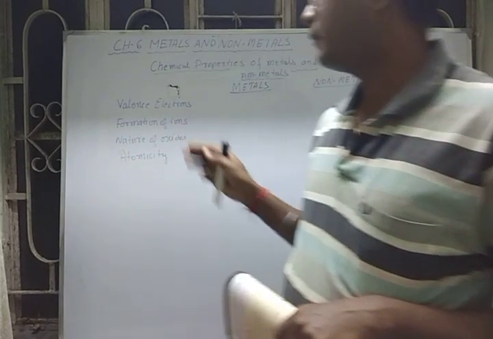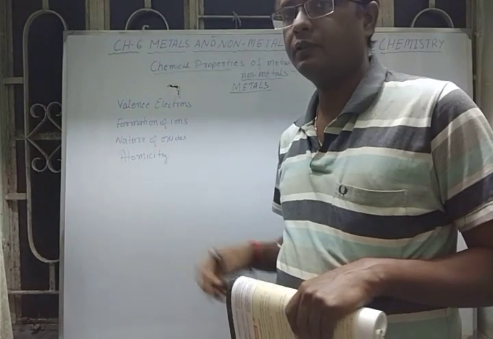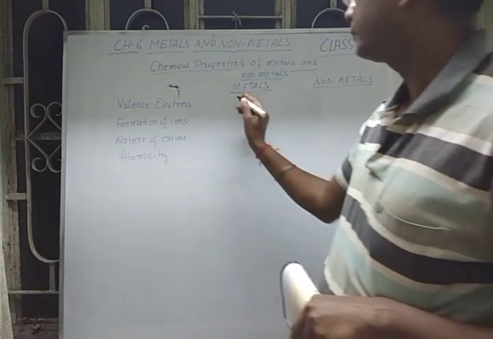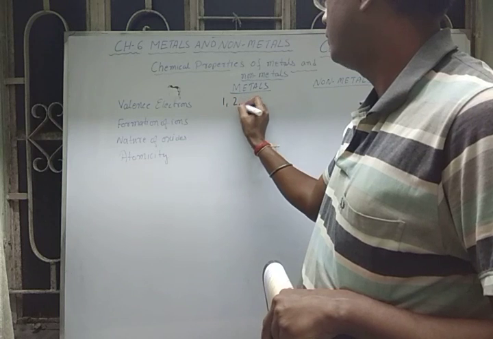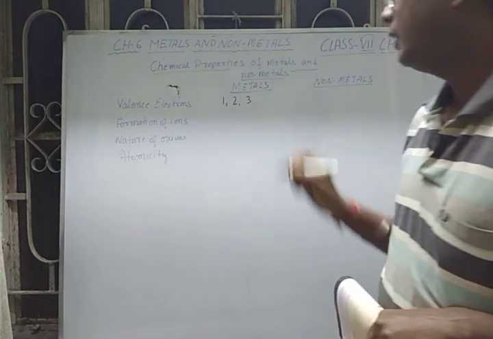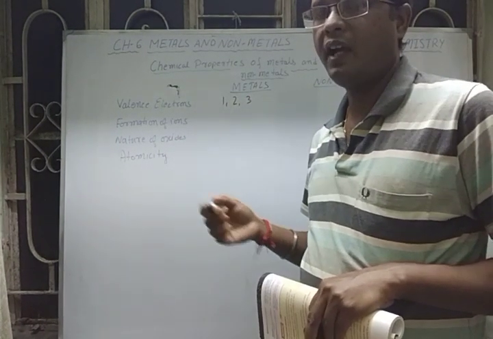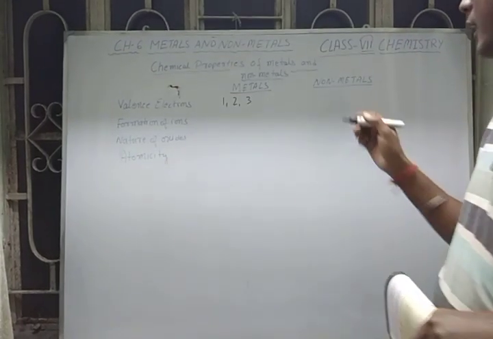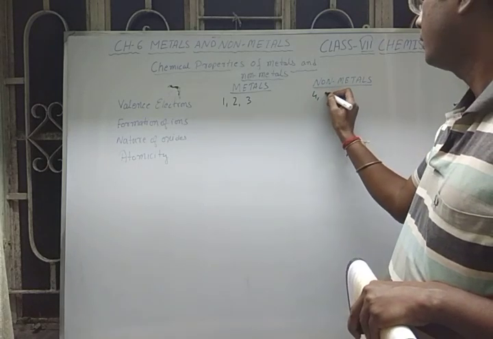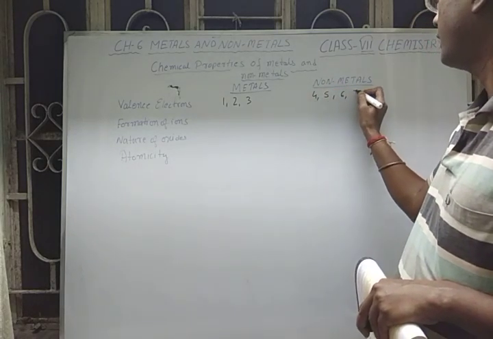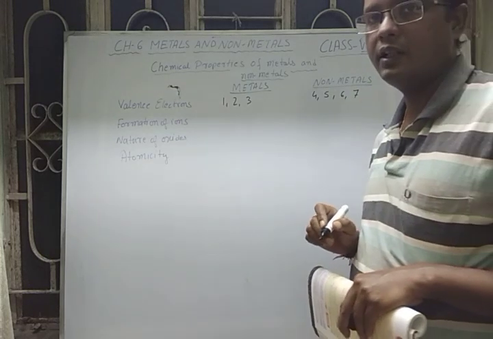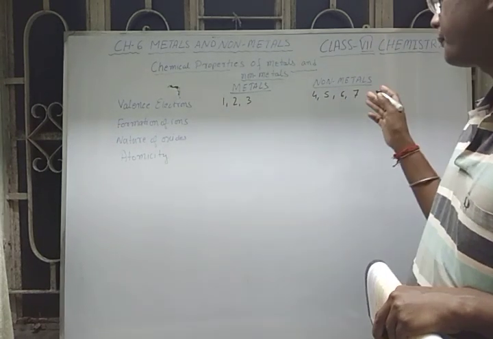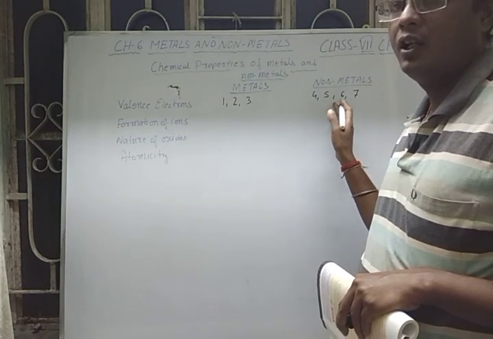So first of all we will move to the valence electrons. Generally metals have valence electrons either 1, 2 or 3. If it is more than 3, that means 4, 5, 6 and 7, then they will have negative valency. That means they form negative ions, as they always have a tendency to gain electrons.